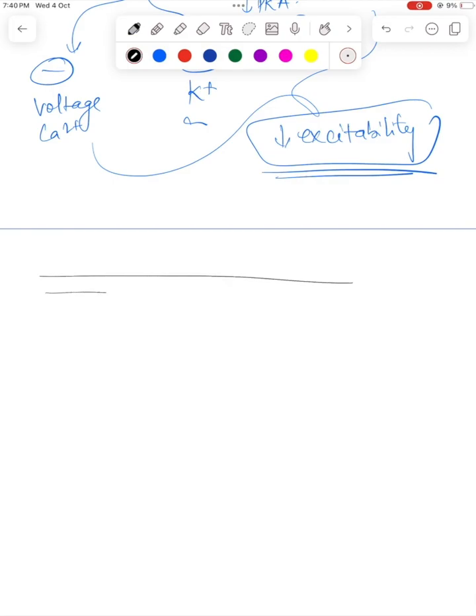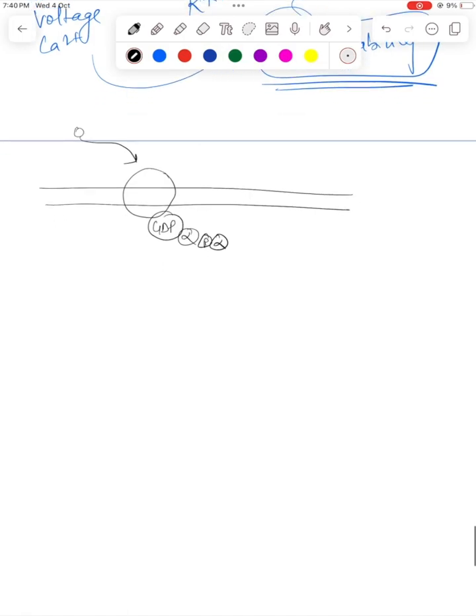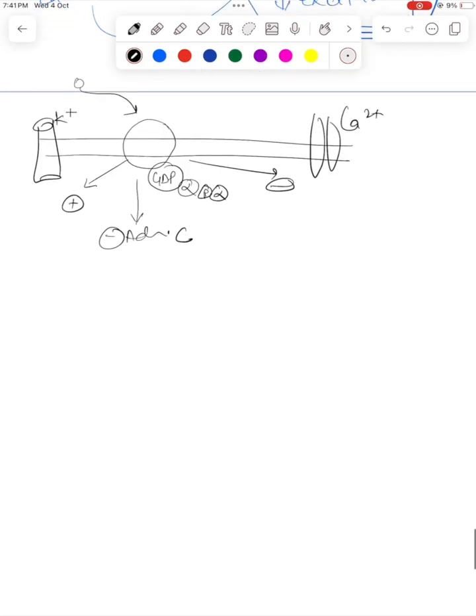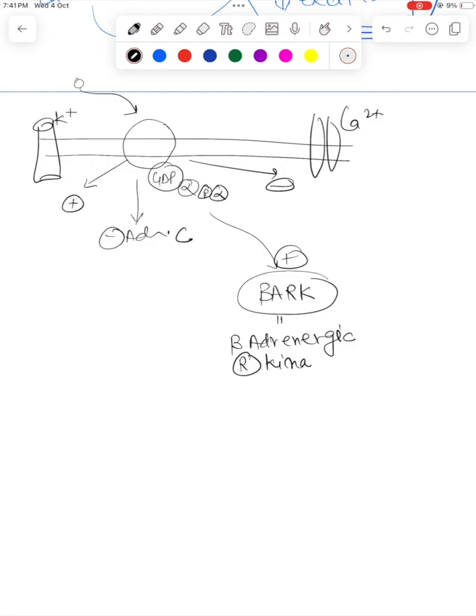For example, let us suppose again this is the lipid bilayer and this is the opioid receptor. As soon as a ligand binds to the G protein coupled receptor, it is not only going to inhibit adenylyl cyclase, stimulate the potassium channel and inhibit the voltage gated calcium channel, but it also activates a group of enzymes which are known as BARK, which stands for beta adrenergic receptor kinase.